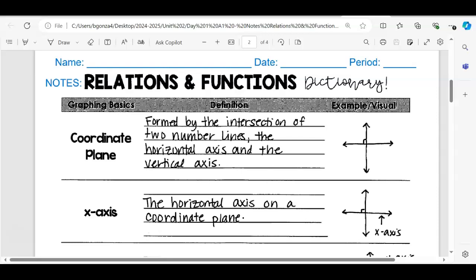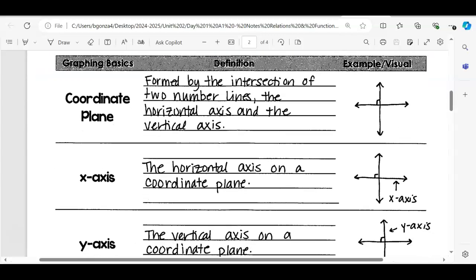We gotta understand relations and functions. First things first, y'all know what a coordinate plane is, right? Coordinate plane looks like this. In fact, there's been one behind me this entire time. Ta-da! Okay, so anyways, coordinate plane is a grid, right?